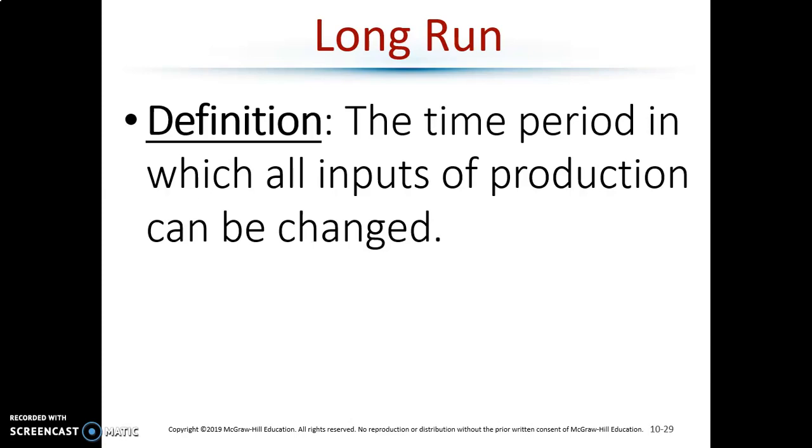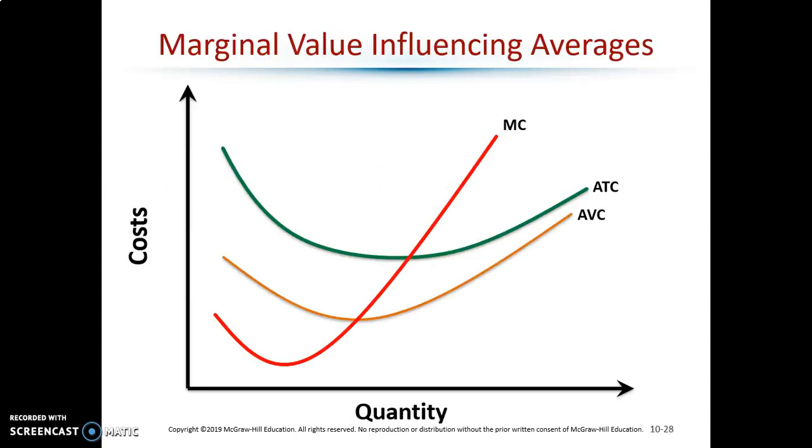But the long run, the short run, you got at least one fixed cost. In the long run, all costs are variable costs, which means, I was likening it to this curve goes away, or this graph. This curve, the average variable cost is gone. You just have the U-shaped one and your marginal cost, and that's it. This average total cost curve is the average variable cost curve in the long run because all your costs are variable.